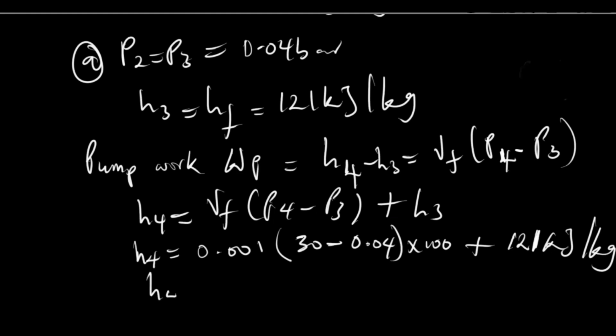So doing this, we add that to get H4. This will give us 2.99, if I'm correct. Let's punch it, check it on our calculator. So we have 30 minus 0.04, okay, times 10.